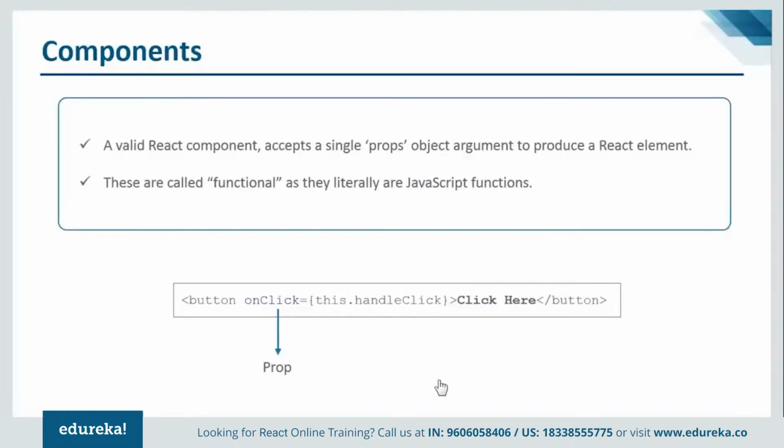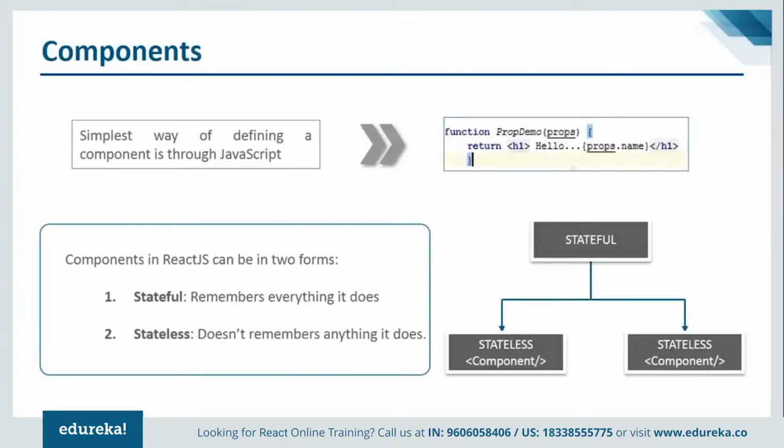So that's why these are called the functional elements. In addition to this, we can simply define a component through JavaScript. As you can see, here we are creating one function which is named propDemo. It is accepting one props and then it is returning one HTML representation. So this is how the components work.